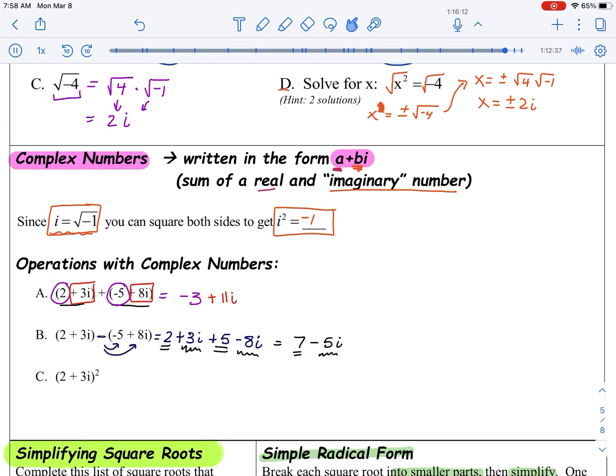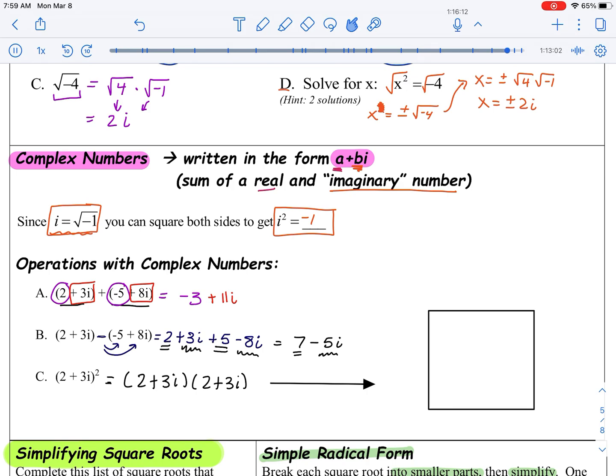Now part C is a little different, because 2 plus 3i squared really means we have 2 plus 3i times 2 plus 3i. So I'm going to come to the side for a moment, and I'm going to draw an area model to help me multiply this out. Just like if we were doing this with x's, and it was x plus 3 or x plus 4, we can use my area model to help me multiply this out.